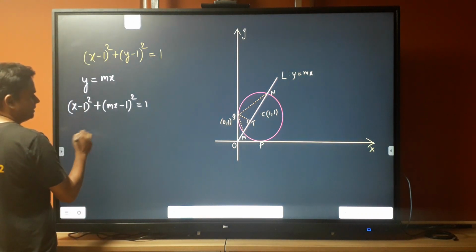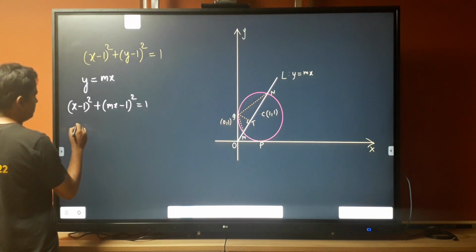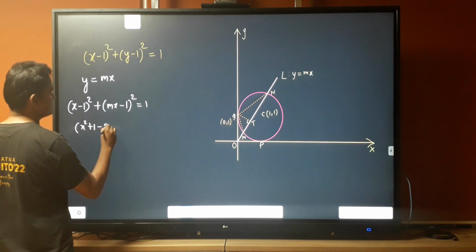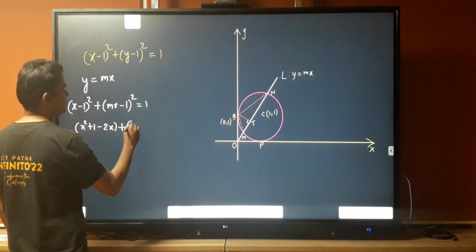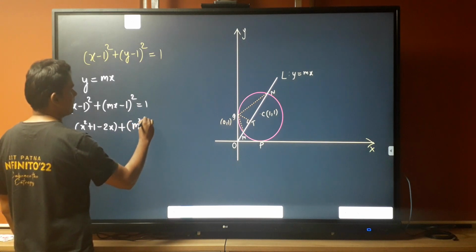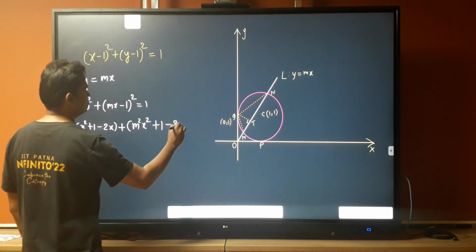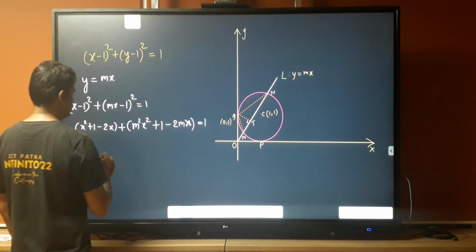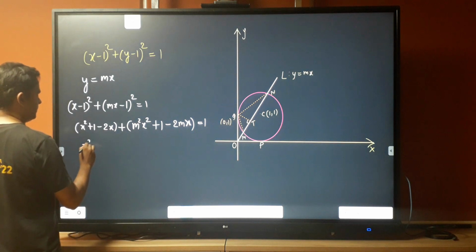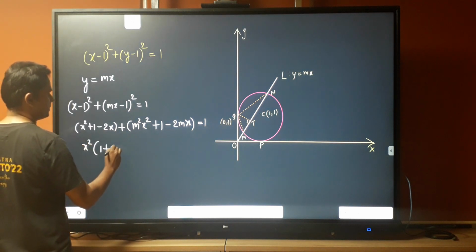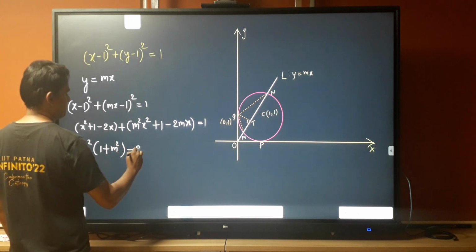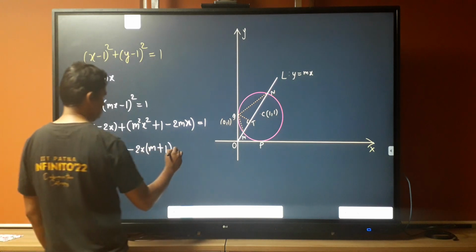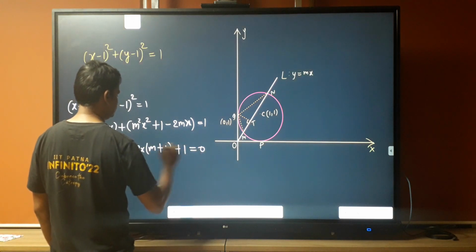If I simplify it, what will I get? x square plus 1 minus 2x plus m square x square plus 1 minus 2mx is equal to 1. So x square into (1 plus m square) minus 2x(m plus 1) plus 1 is equal to 0.